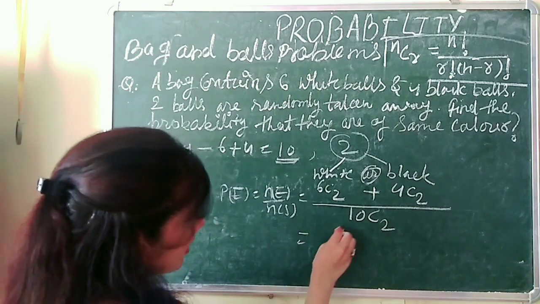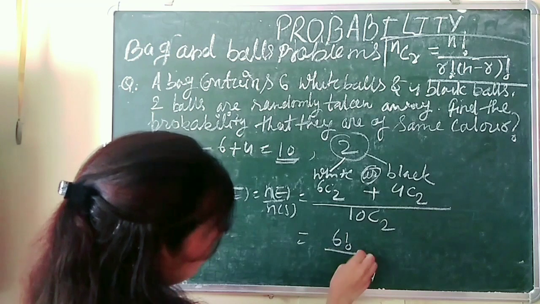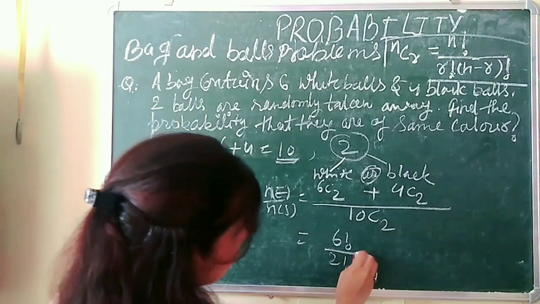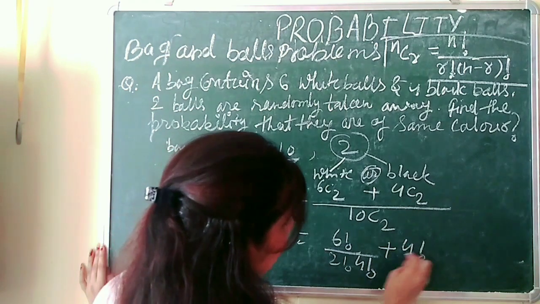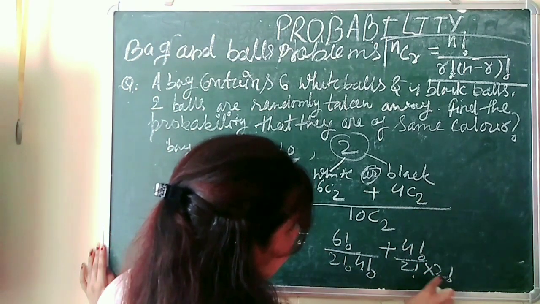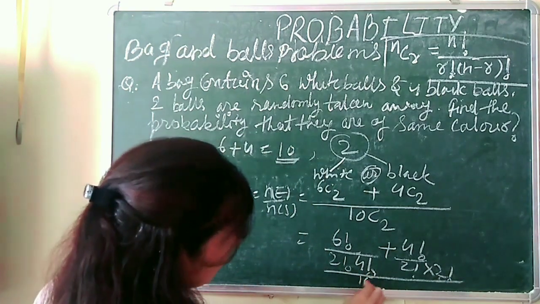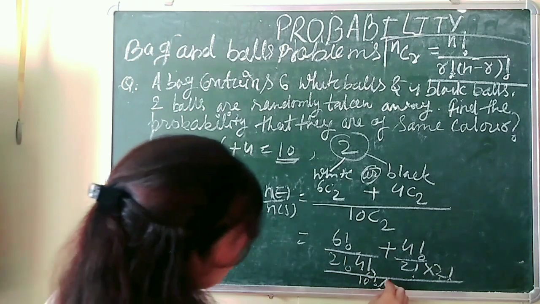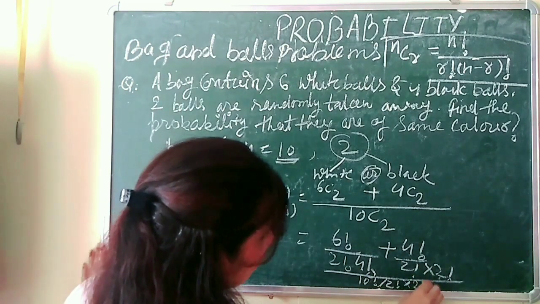So we will get 6 factorial upon 2 factorial into (6 minus 2) which is 4 factorial, plus 4 factorial upon 2 factorial into 2 factorial. And here we will get 10 factorial upon 2 factorial into (10 minus 2) which is 8 factorial.